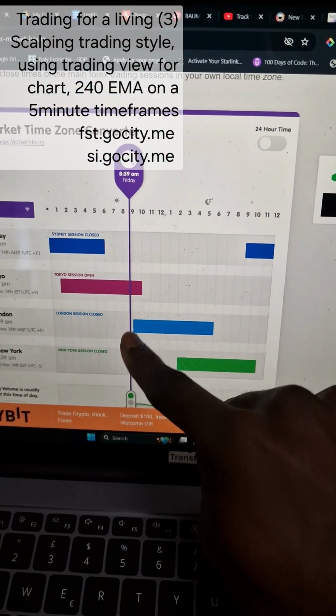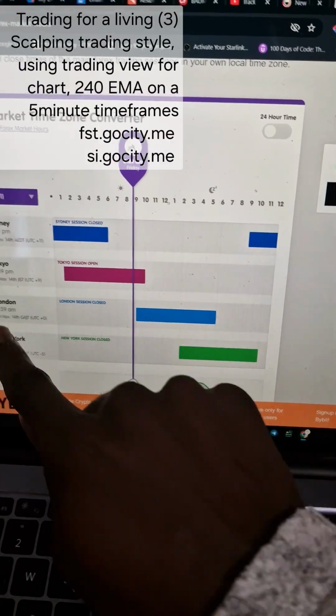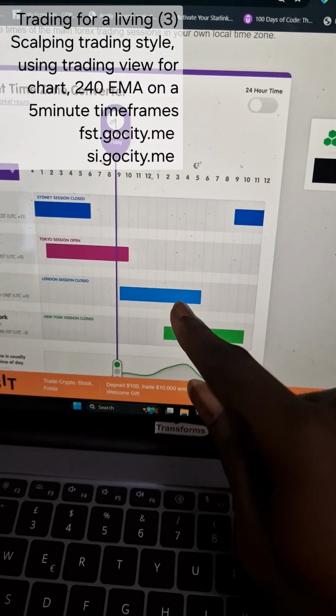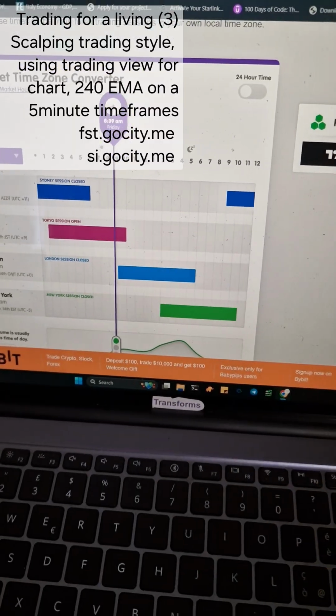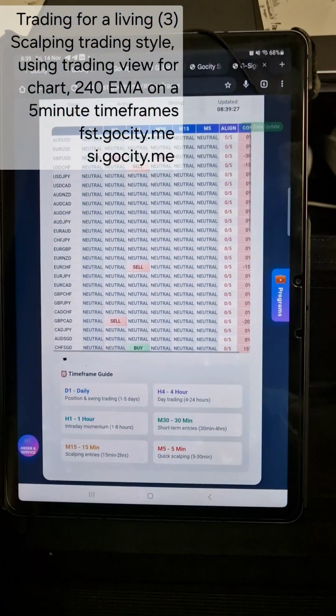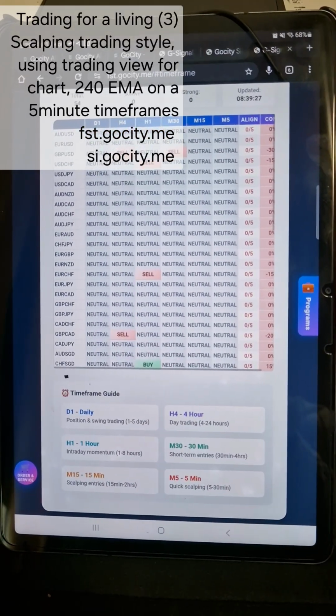So we are hoping for the London market to open, and we choose our scalpings and we look at what is needed. You can also see the dashboard.